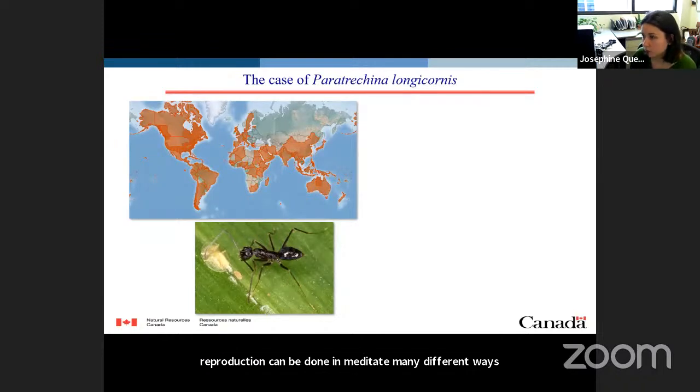And that is why we're going to look at Paratrechina longicornis, which is a sexually reproducing species that has a very peculiar way of determining sex. So Paratrechina longicornis, as you can see here, is a widely invasive species.